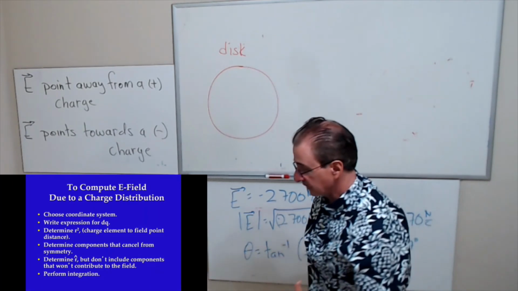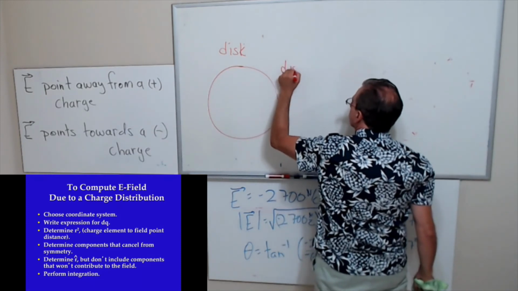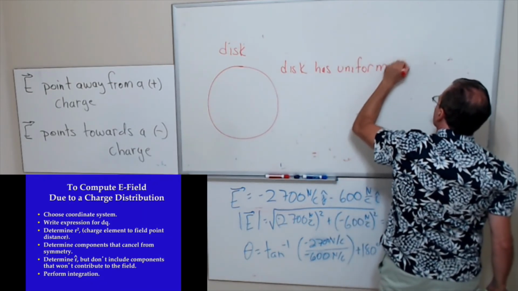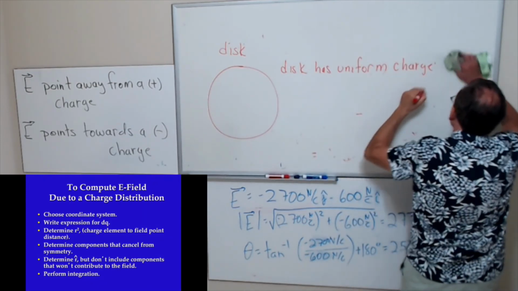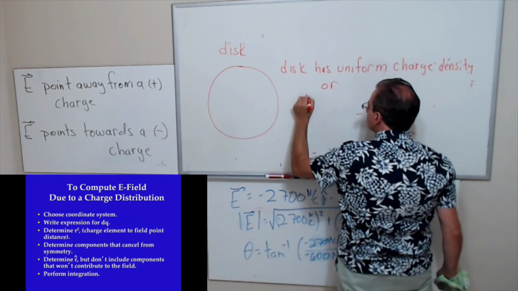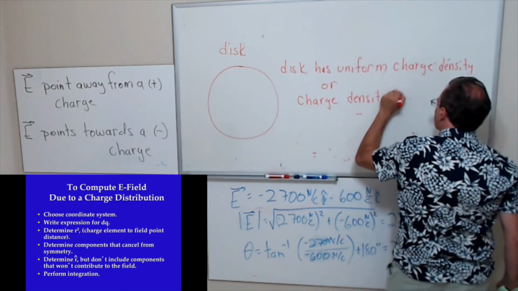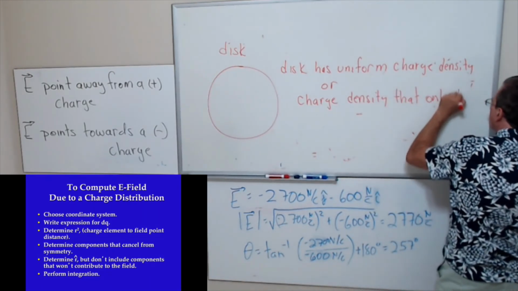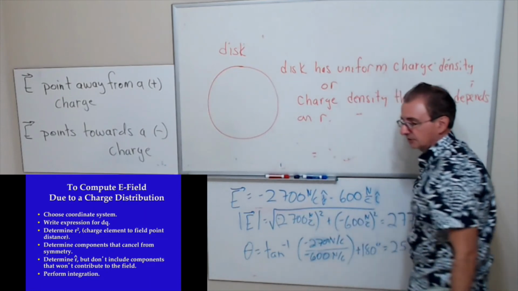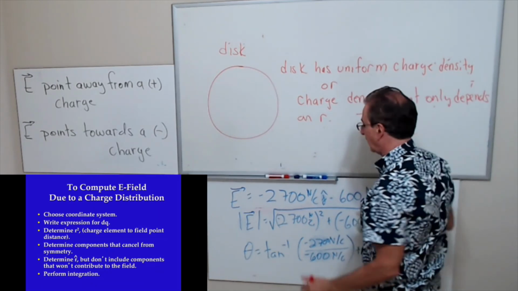Let's pretend the disk has uniform charge density, or a charge density that only depends on radius, the distance from the center. Let's say that's the case.